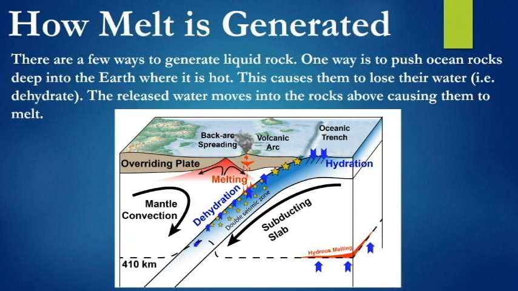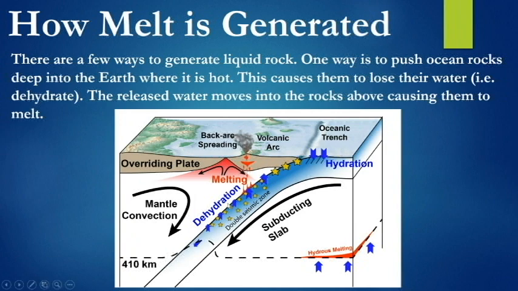And when you release that water into the crust above it, now this is a little weird, but when you add water to the rocks above it, those rocks are super, super hot. But by adding water, you actually cause melting, which again seems so strange, because if you were to add water, wouldn't that cause the rocks to cool down? It's actually the exact opposite.